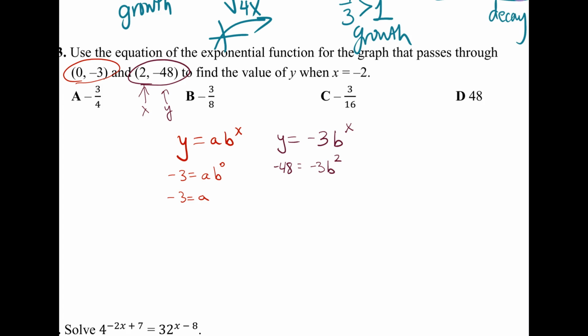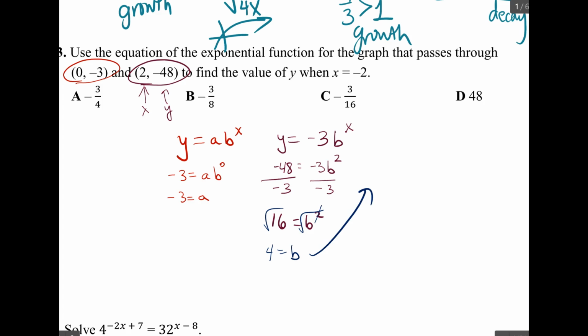Okay, how do I get b by itself? Divide by -3. So -48 divided by -3 is 16. 16 is b squared. How do I get b by itself? Square root both sides. So b equals 4.